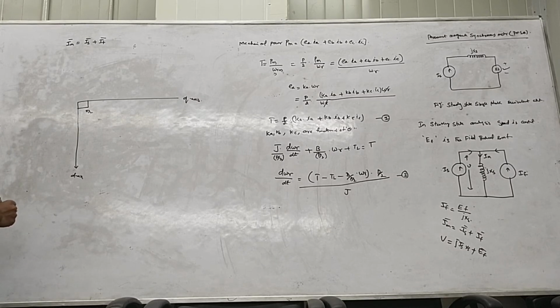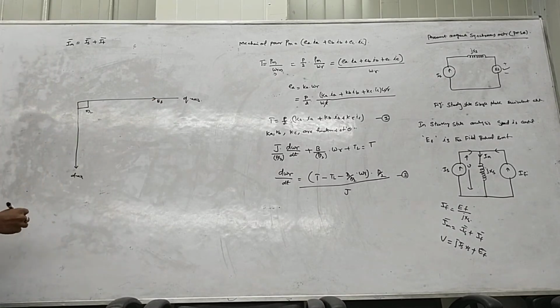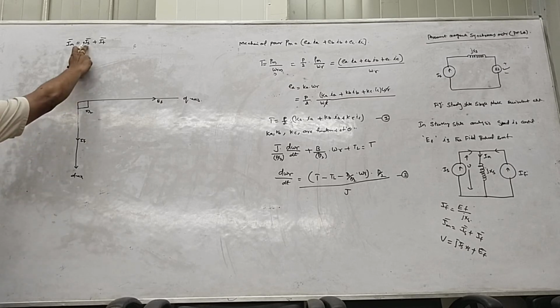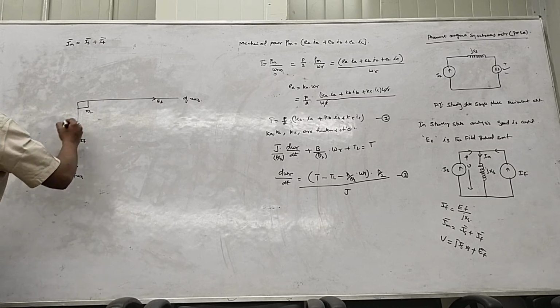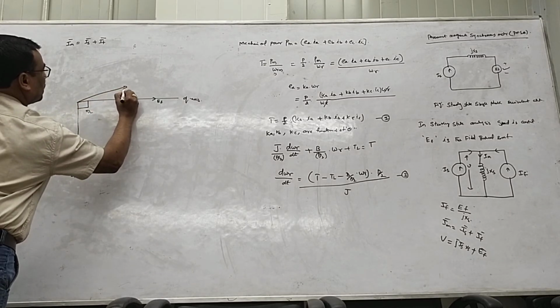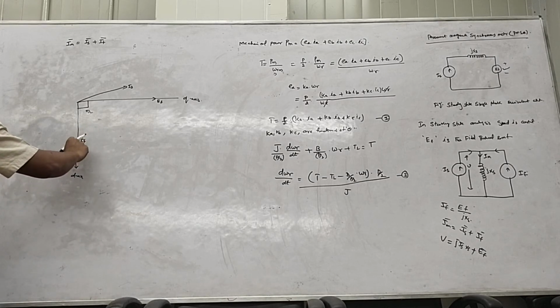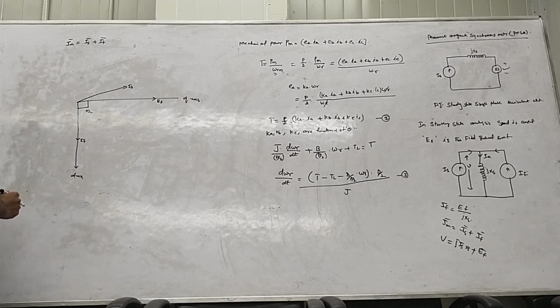In the quadrature axis, the field induced EMF exists. In the direct axis, the field current IF exists. From this equation, IM, the magnetizing current, is the phasor sum of IS plus IF. Here IF is there, and this current is IS, and the angle between the field current and stator current IS is delta prime.